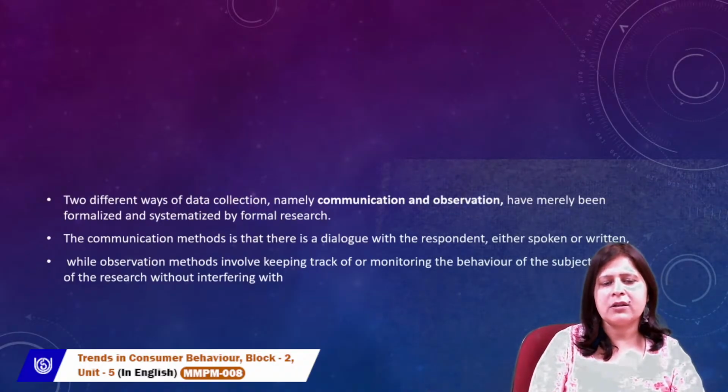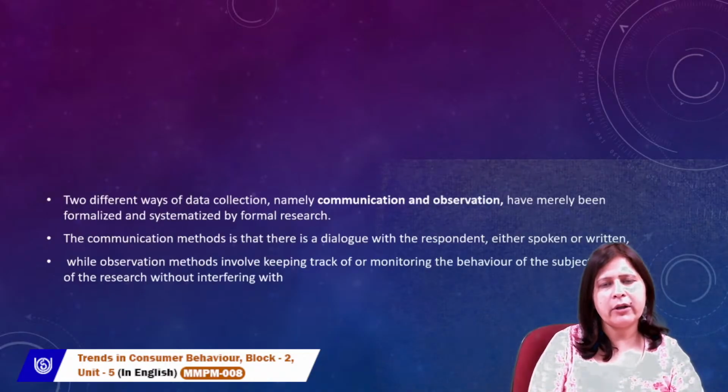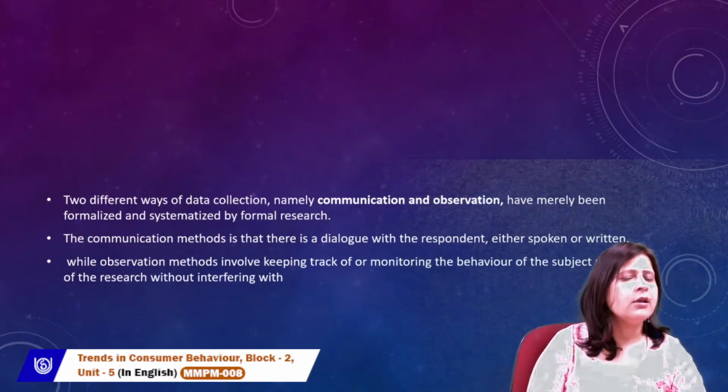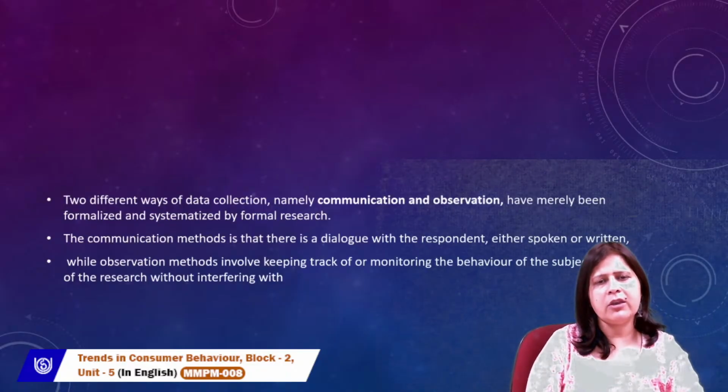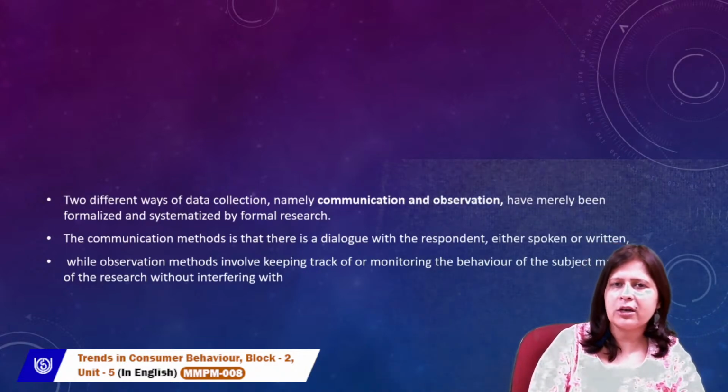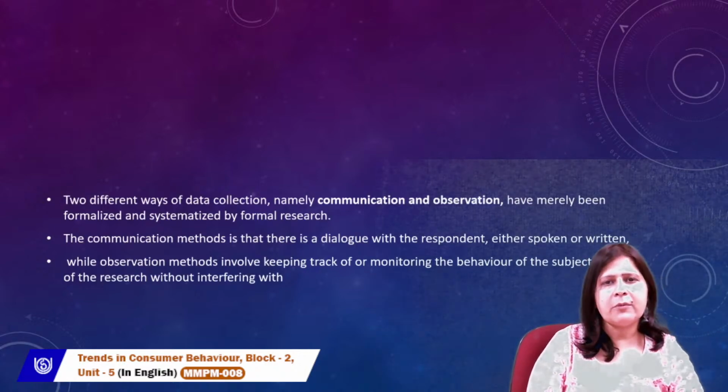The communication method is that there is a dialogue with the respondent, either spoken or written. It could be in the form of interviews, or it could be in the form of questionnaires. You give the questionnaire to the respondent, and they fill it in and give it back to you. That is a written type of communication.